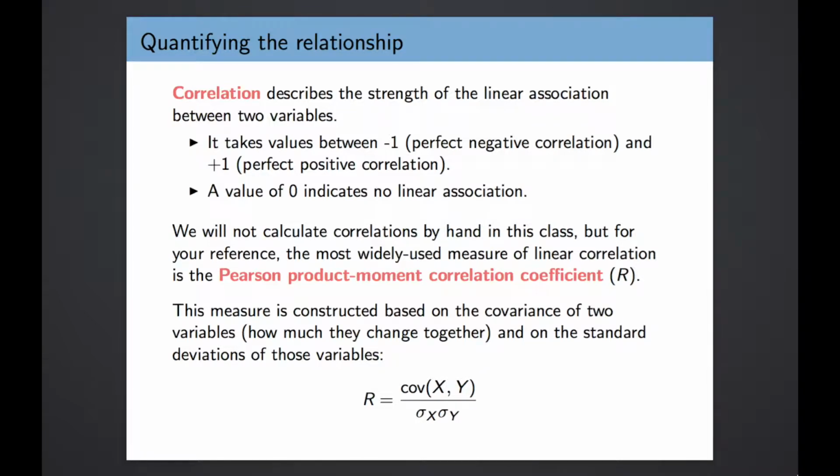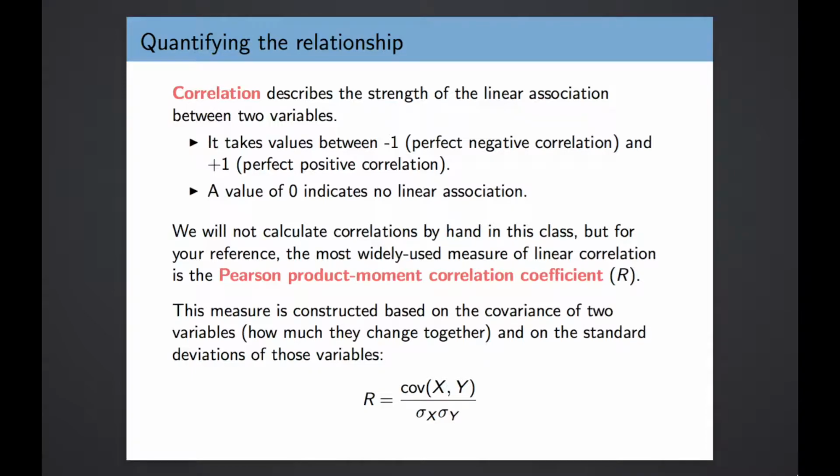Correlation is a measure that captures the strength of the linear relationship between two variables. It takes on values between -1 and +1. So a value of -1 indicates that there is a perfect negative correlation between two variables, and positive 1 indicates that there is a perfect positive correlation.